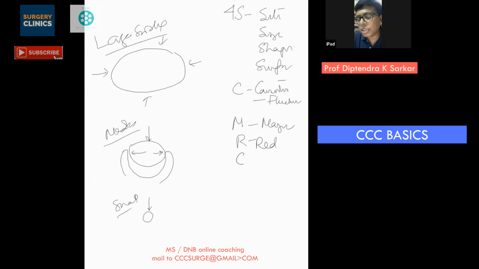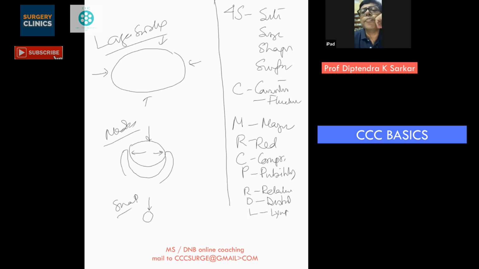Then C, which is the compressibility. Then P, which is the pulsatility. Then R, which is the relationship. Then D, which is the distal part. And then L, which is the proximal lymph nodes. So we have completed the site, size, shape, surface, consistency.